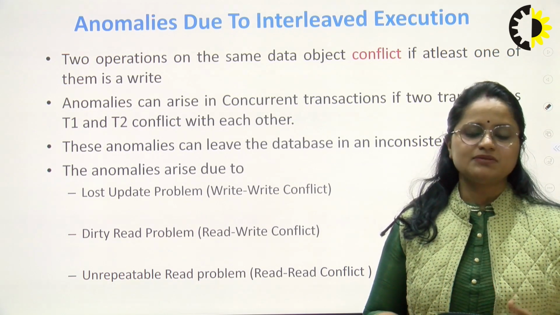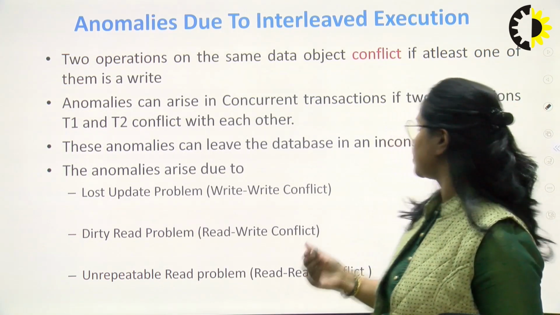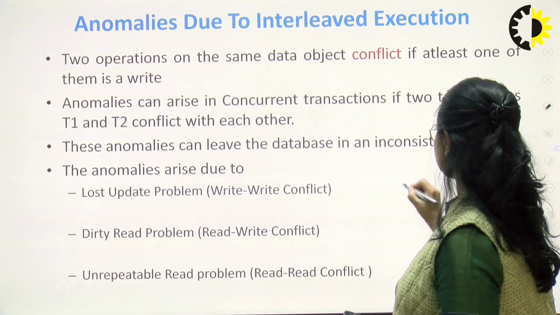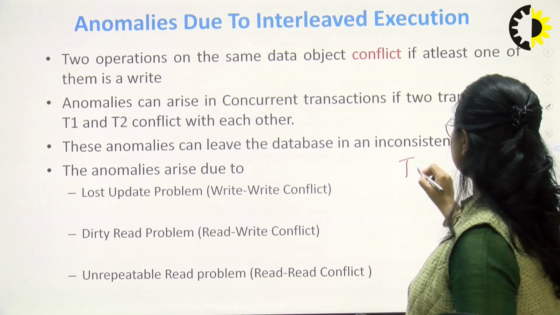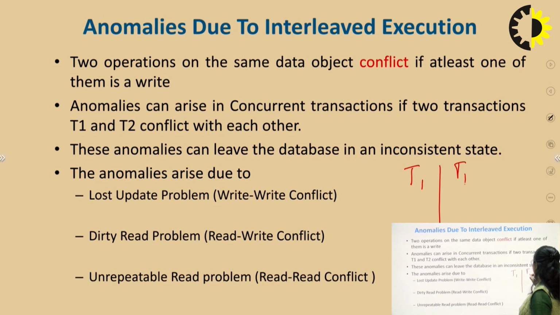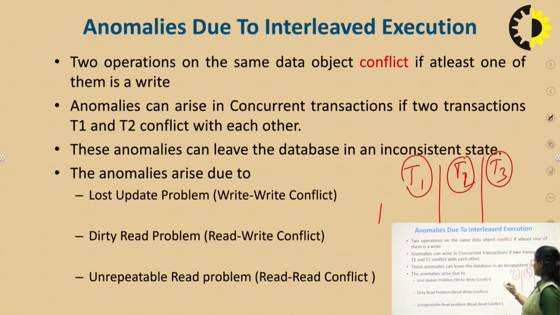Suppose that we have three transactions, T1, T2 and T3. If we are working in a serial schedule, then there must be an order of execution of T1, T2 and T3. The order can be T1 first, then after the completion of T1, T2 executes, and after the completion of T2, T3.